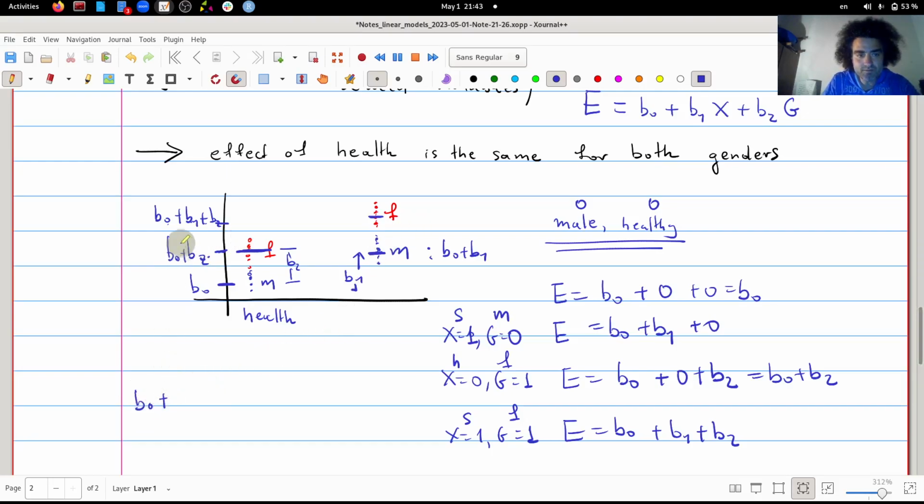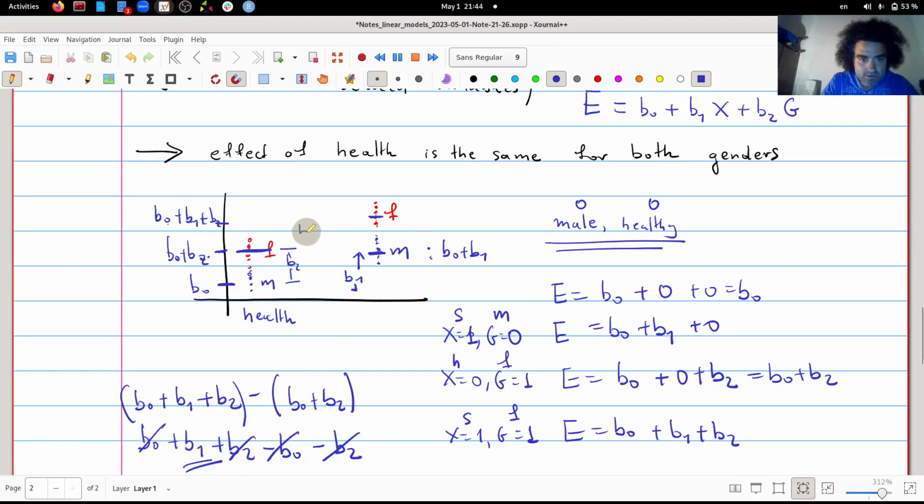It will be b0 plus b1 plus b2, this level up here, minus this level here, which is b0 plus b2. Now if we remove this parenthesis, it will be b0 plus b1 plus b2 minus b0 minus b2. So this cancels out with these and remains just b1. So this difference from here to here is b1.